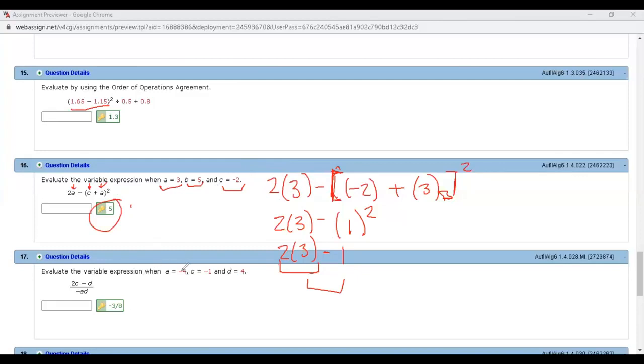For number 17, same exact logic, but in this situation, we have a fraction. So we have 2 times C is -1. Then we have minus D, which D they tell us is 4. And it's all over negative A. So this negative is a part of our formula or part of what's given, okay?